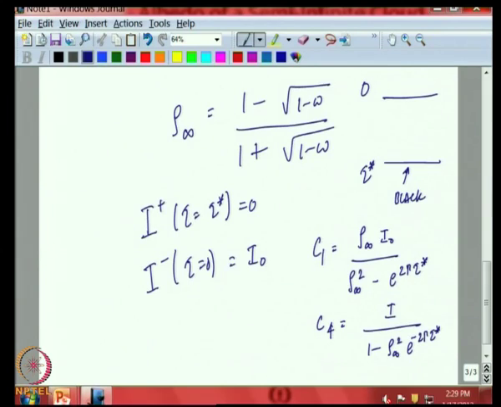So, it is in terms of the ratio of the upward to downward flux, that is all it is.